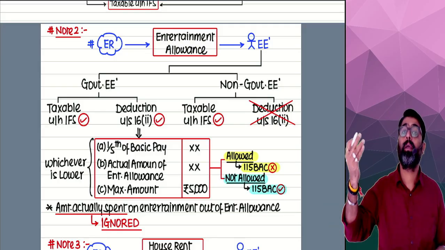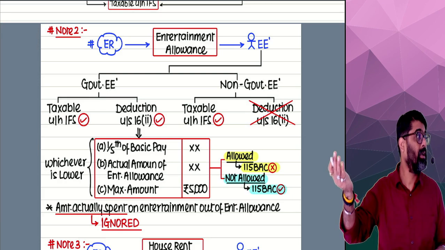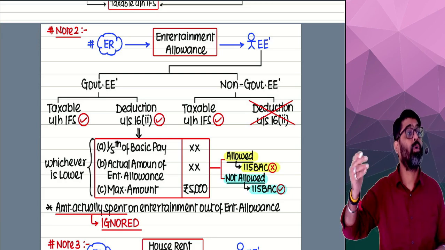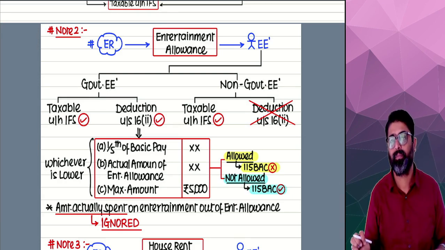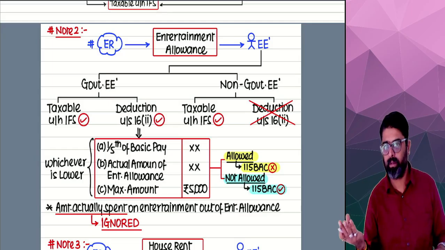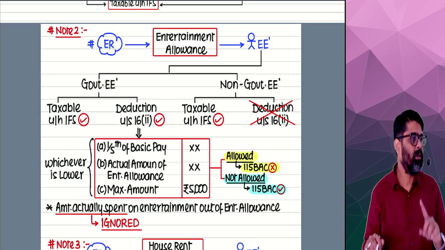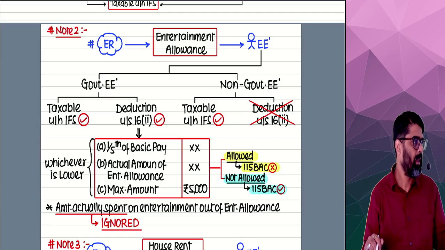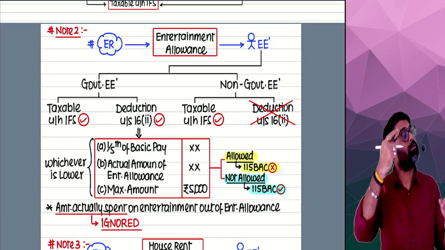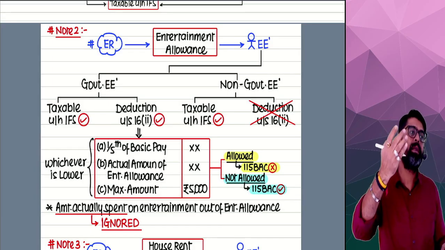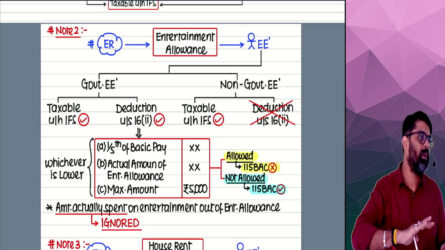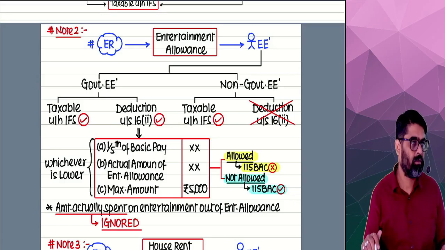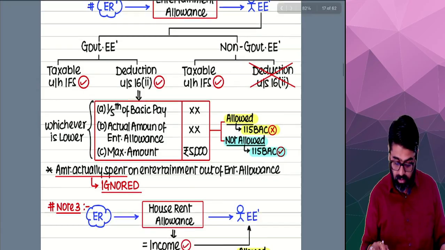The deduction will be allowed under section 16 clause 2, for the entertainment allowance which you have received. So first, receive entertainment allowance, show that entertainment allowance as taxable, and take the deduction from your gross salary for entertainment allowance.